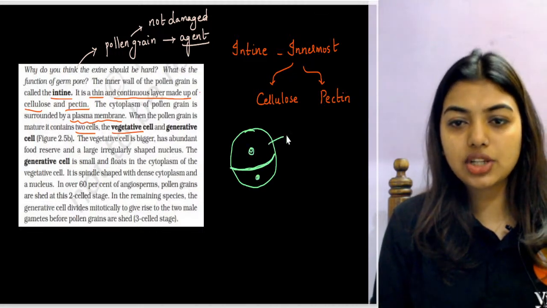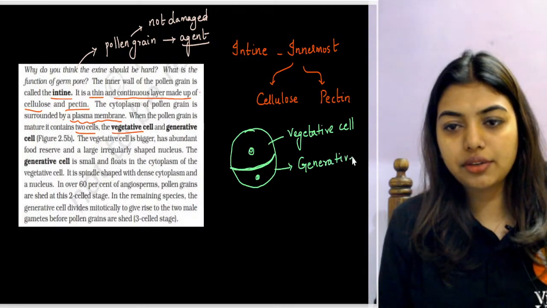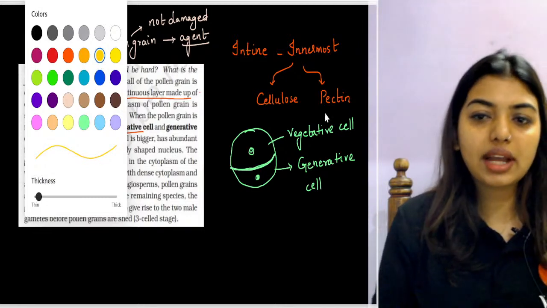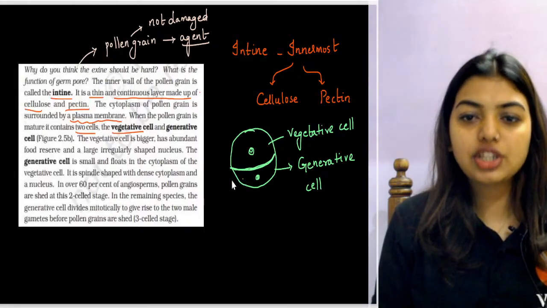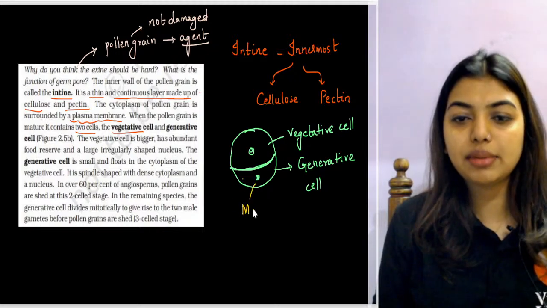So the larger cell is called the vegetative cell. The smaller cell is called the generative cell. Let me tell you that vegetative cell provides the nourishment for the generative cell. So inside the generative cell, you are going to find your male gamete.